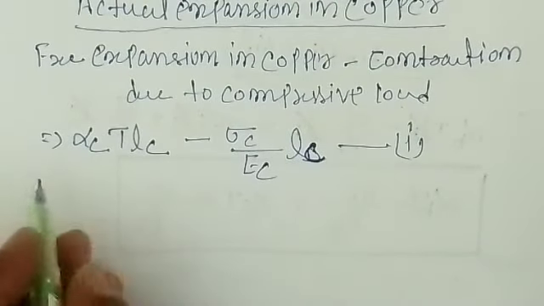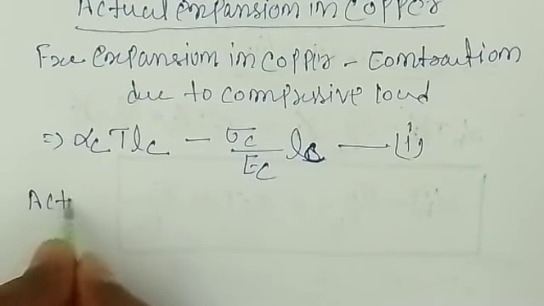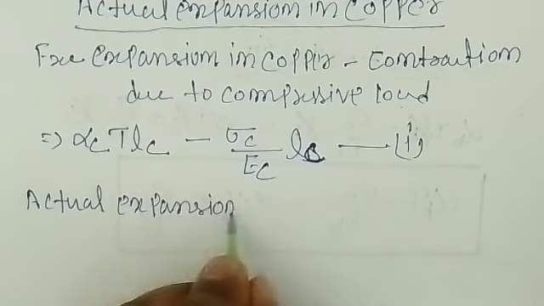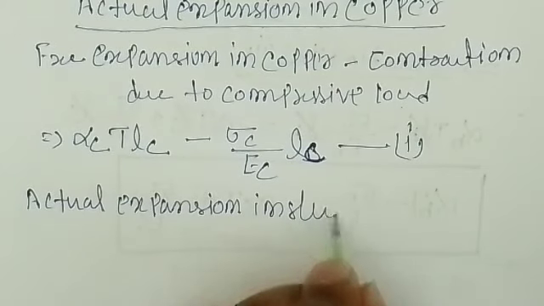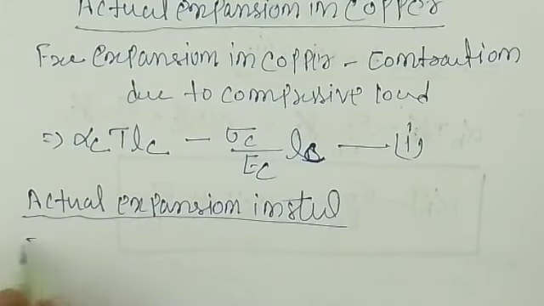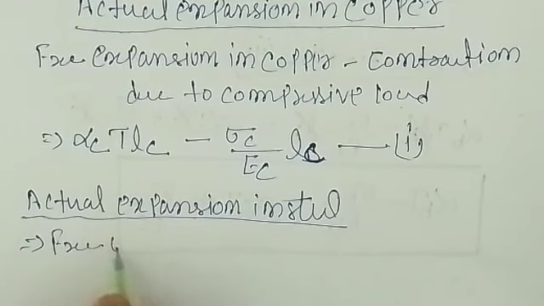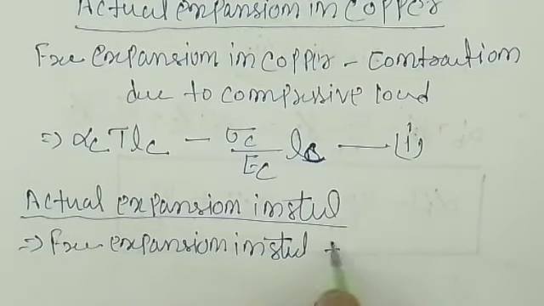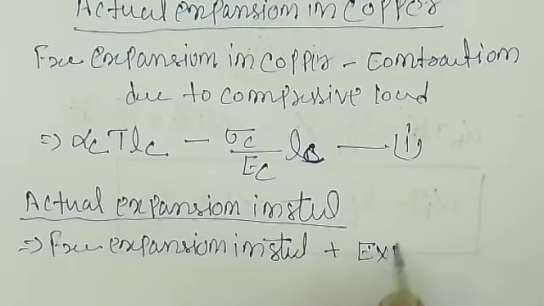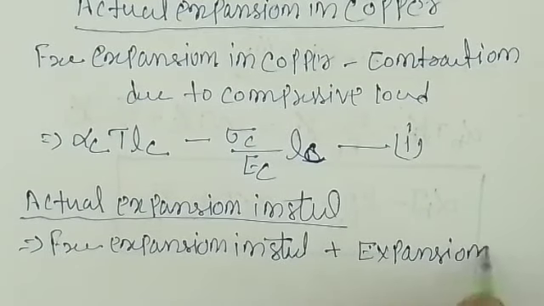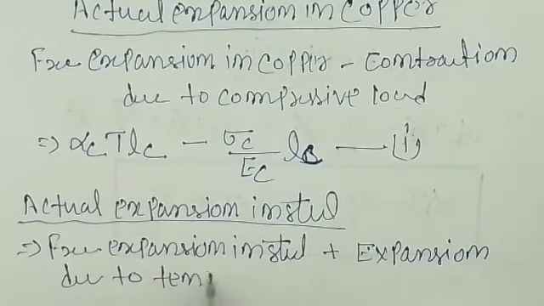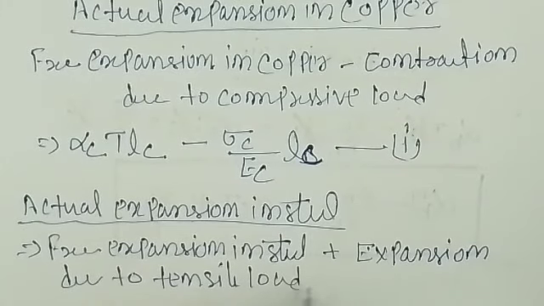So now you can write, that is second, actual expansion in your steel, right? So that is nothing but the free expansion in steel plus expansion due to tensile load, right?